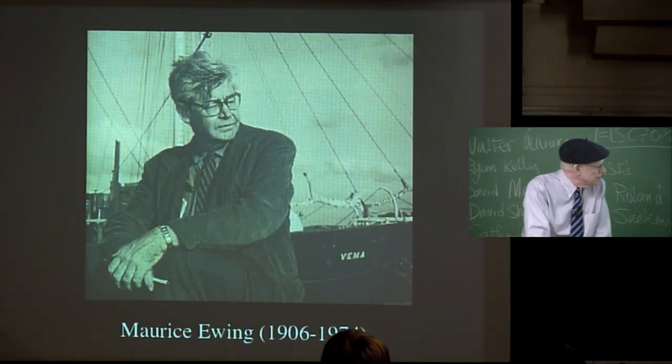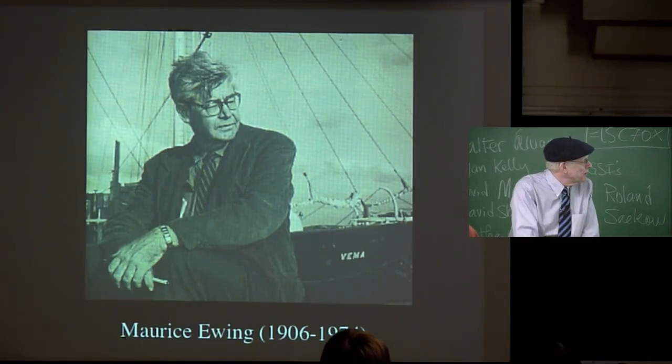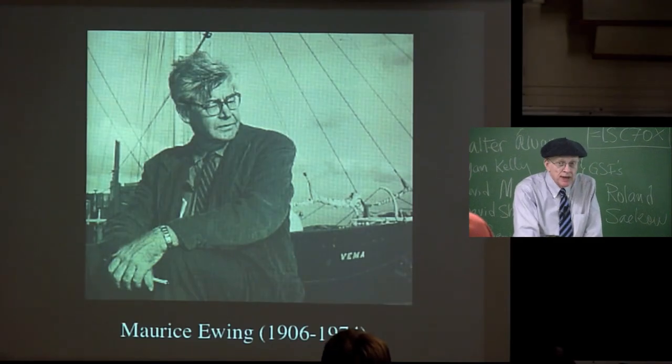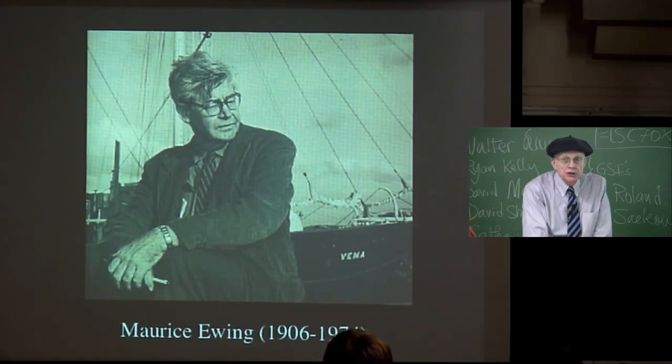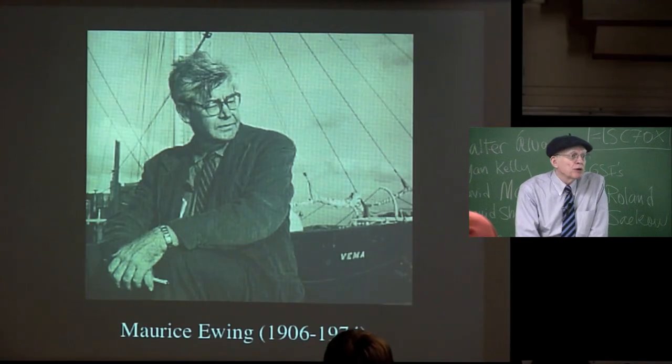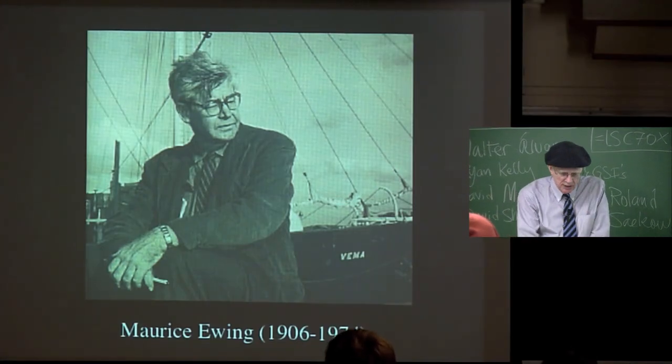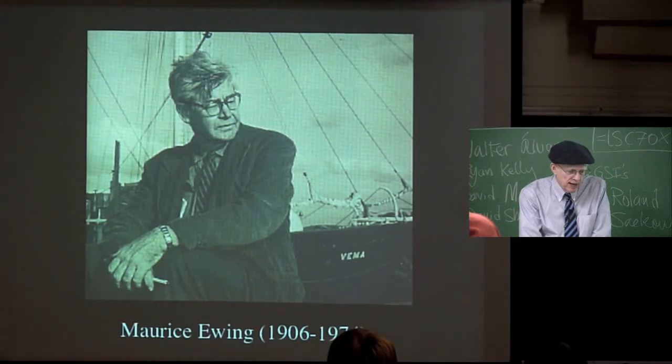So let's see a little bit what happens there. This man, Maurice Ewing, I worked for him as a postdoc at Columbia University, and his ship there, the Vema, all full of oceanographers, had explored the world oceans just in time to supply the information that made the plate tectonic revolution happen.